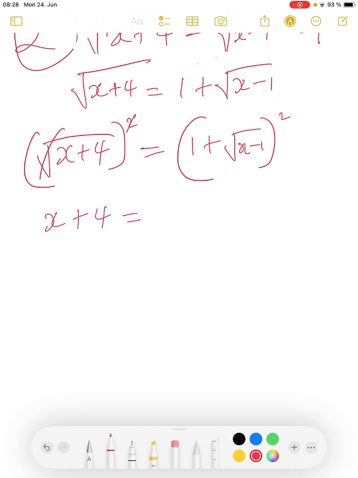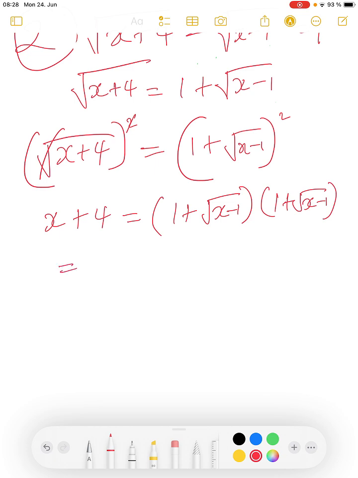We can't do that on this side. We will only expand, because this is now a compound expression. So we have 1 plus root x minus 1, times 1 plus root x minus 1.